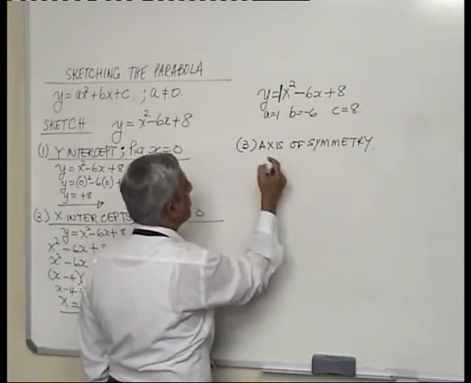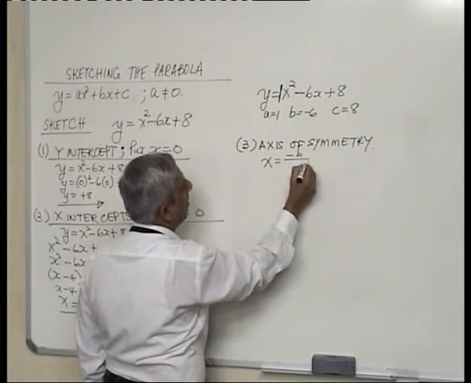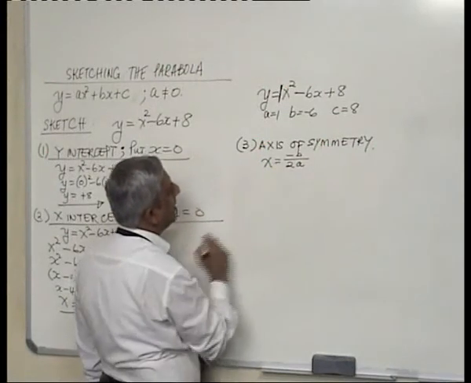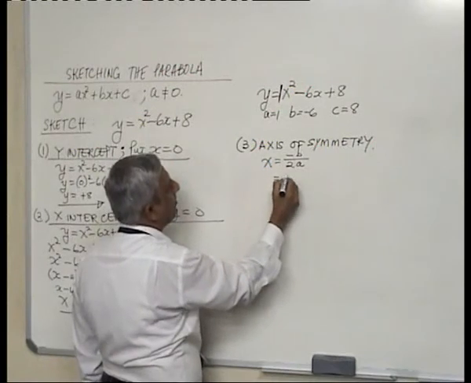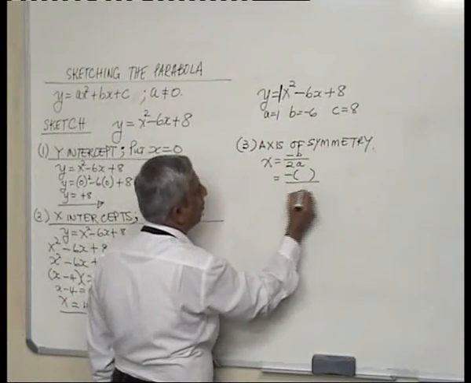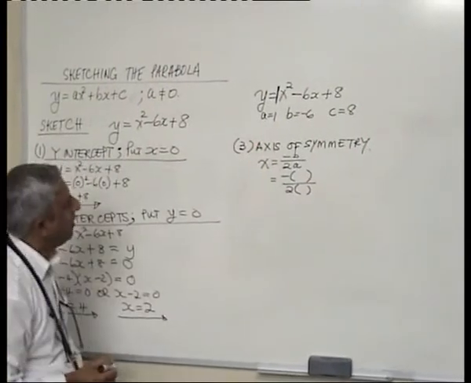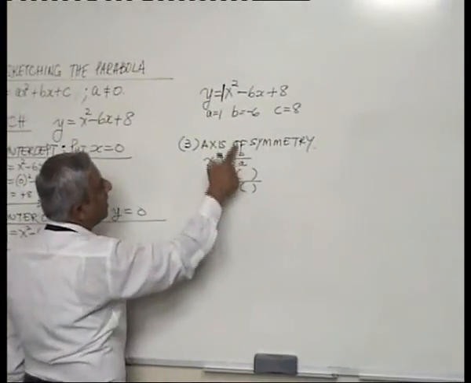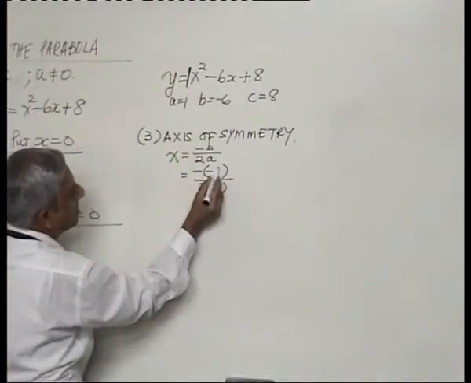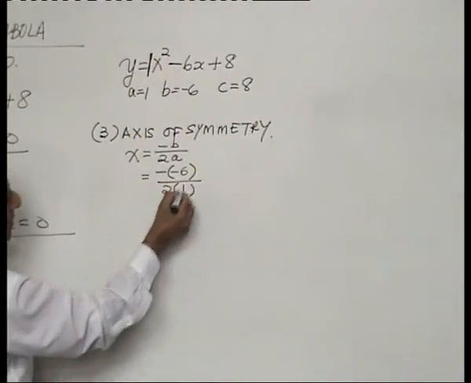So if you're doing axis of symmetry, the formula says x is equal to minus b all over 2a. So that will become minus into the value of b all over 2 into the value of a. Now the value of b is minus 6. The value of a is 1.